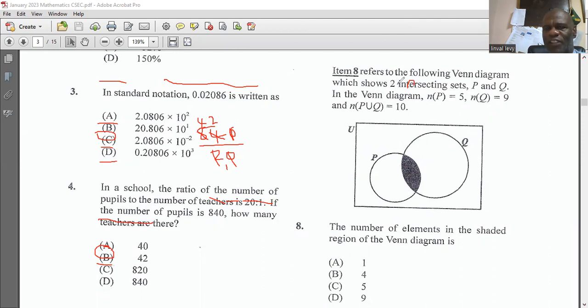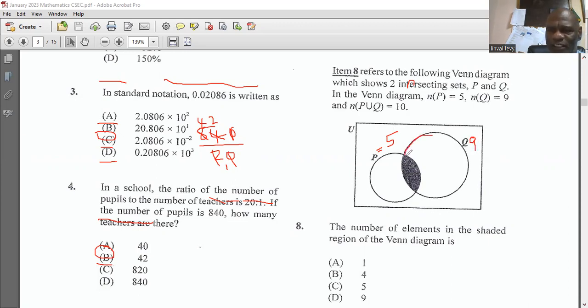It says sets P and Q, the number of elements in P, so this is P. P has 5 elements. Good. And Q has 9. All right? So this is the Q here.